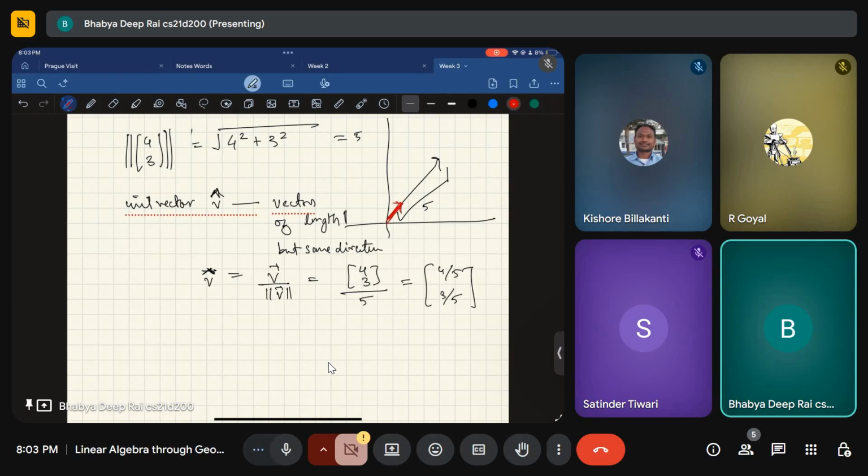Now, what is the nice thing about a unit vector? If you have some other vector, like this, let's say it's something like (6, 2), and I want this vector, but in the direction of the first vector.